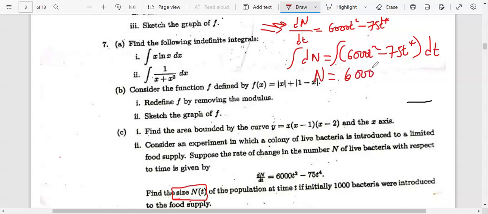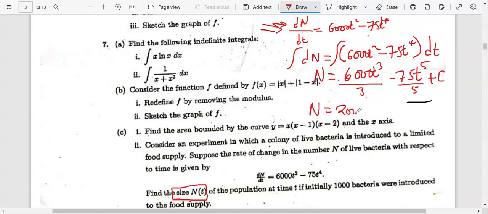And then integrate 6,000 t to the power 2, that is going to be 6,000 t to the power 3, divided by the same 3. Minus 75 t to the power, add 1, 5, divided by the same 5. Add a constant c.